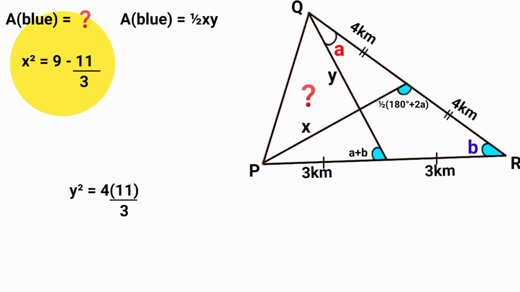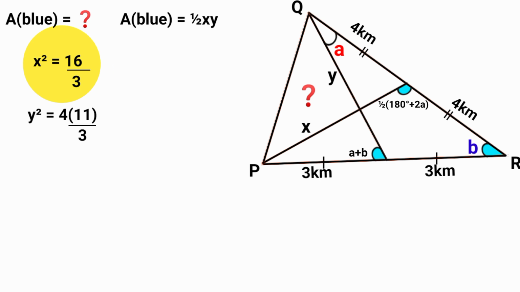So x squared equal to 9 minus 11 over 3. 9 minus 11 over 3 simplified into a single fraction is 9 times 3 minus 11 all over 3. 9 times 3 is 27. 27 minus 11 is 16. So x squared equal to 16 over 3. Now we have x squared equal to 16 over 3. And here y squared equal to 4 open bracket 11 all over 3.